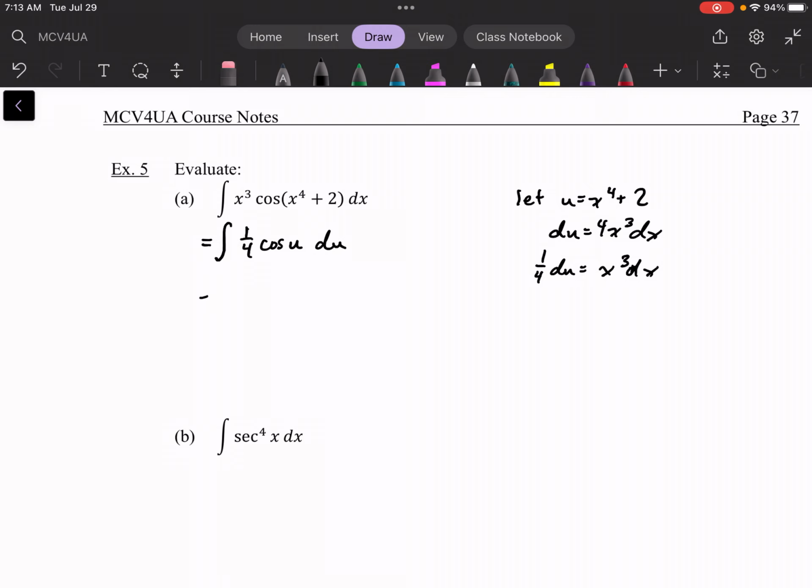Well, I can take out the 1/4. The antiderivative of cosine is just sine u. And again, don't forget the plus c. Once you have this new expression, make sure you replace the u back as x, or in terms of x.